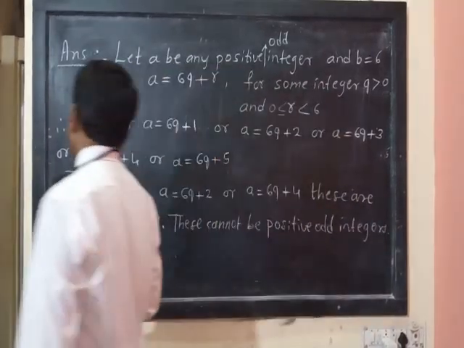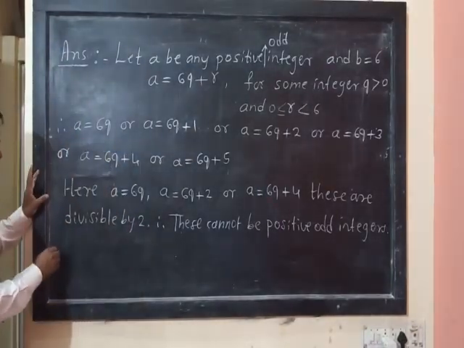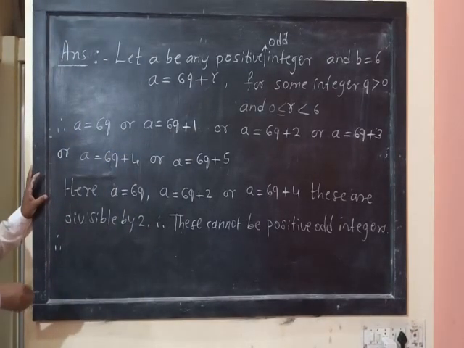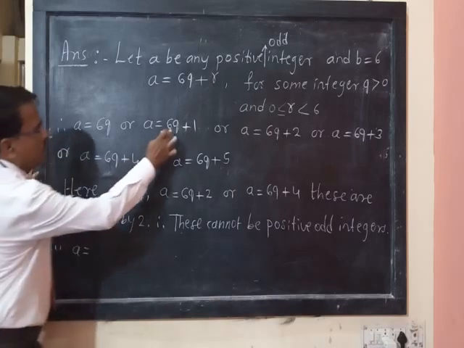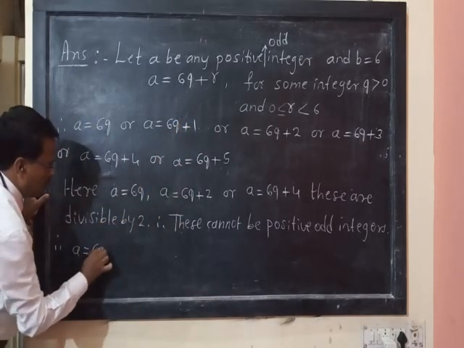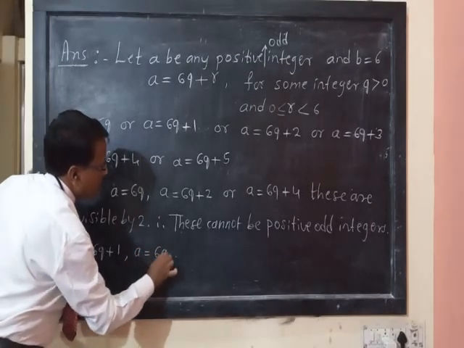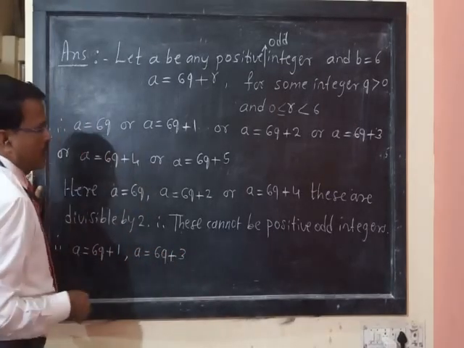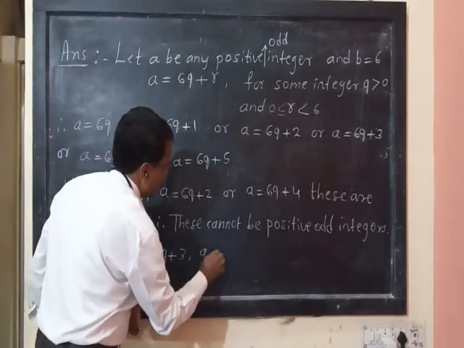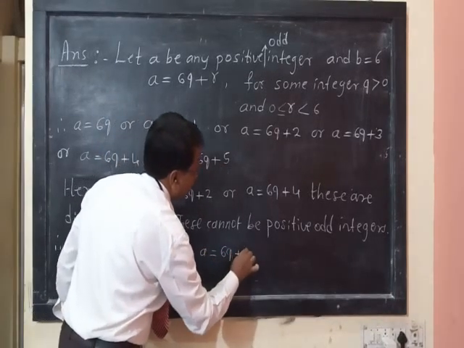Which are the remaining? Therefore, a equal to 6q plus 1, a equal to 6q plus 3, a equal to 6q plus 5.